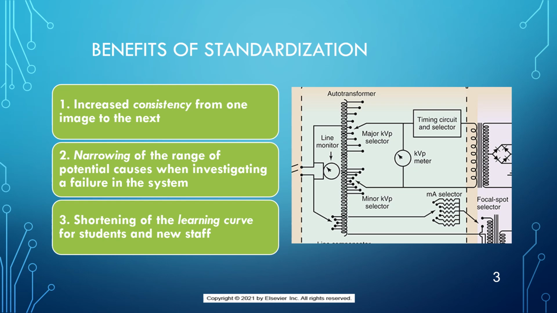All right, so real quick, benefits of standardization, and kind of like a crucifix for a vampire, making you recoil in horror. You thought you were done with that. No, you are not. That is the control panel section of the X-ray schematic that you learned in physics. So just a quick reminder, when we're setting technique, that's setting kV, we're manipulating the autotransformer, secondary side, and when we're setting mA, we're manipulating the rheostat. The timing circuit is controlled by quartz timing, which is the same thing that controls your oven in your kitchen.